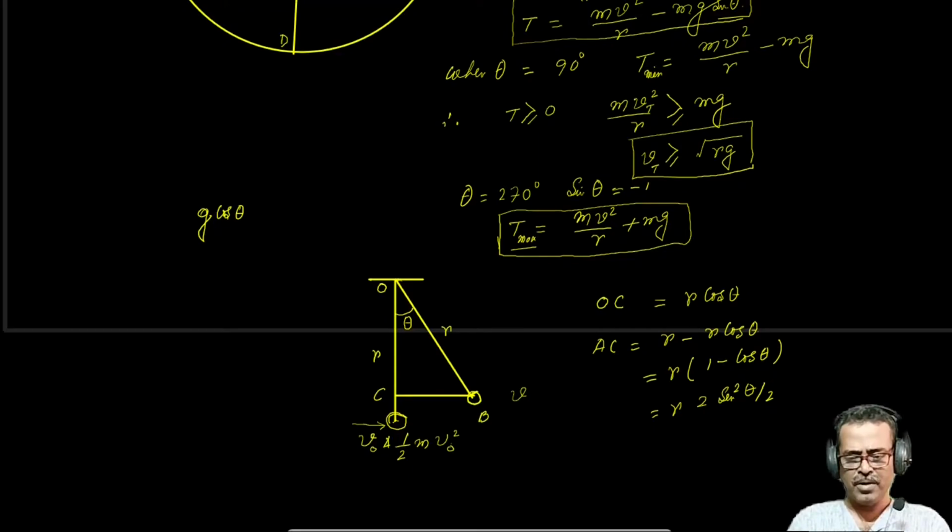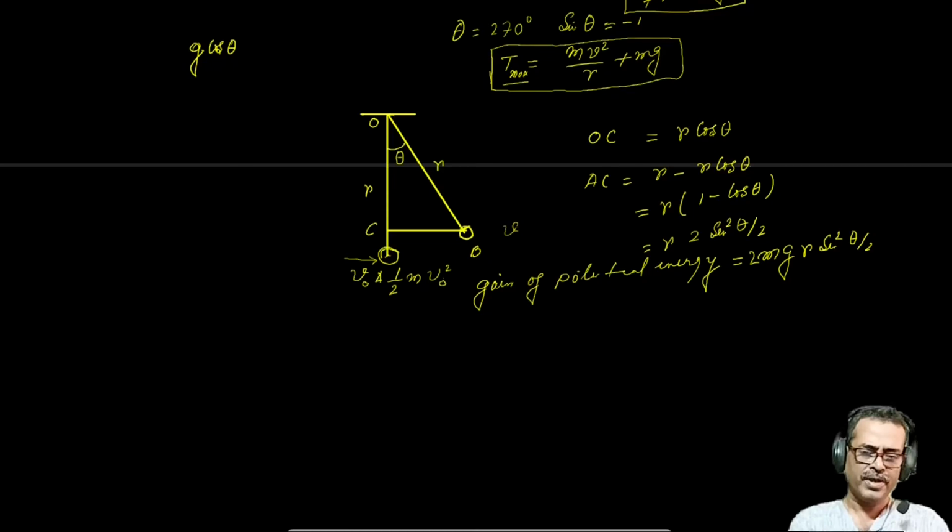Gain of potential energy is equal to mgh, that is 2 mg r sin square theta by 2.